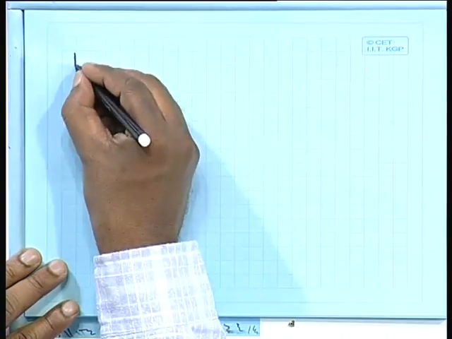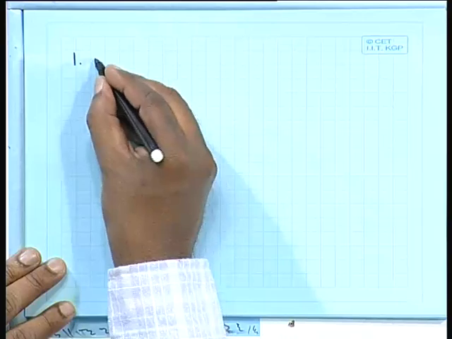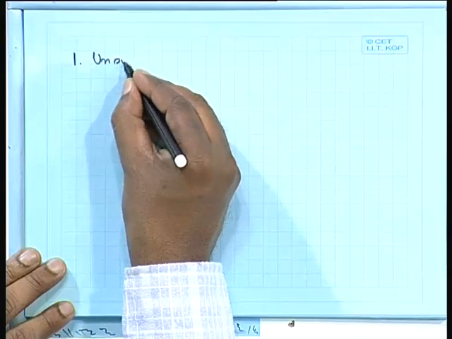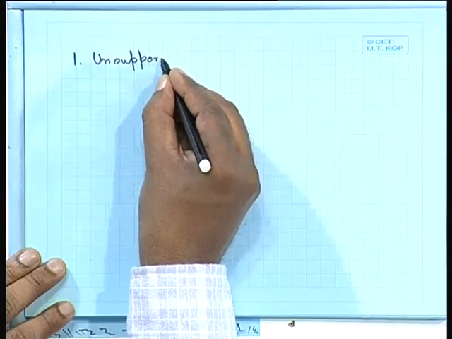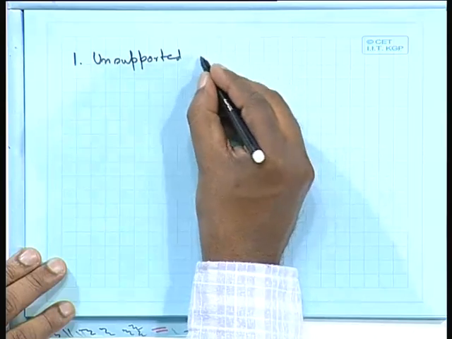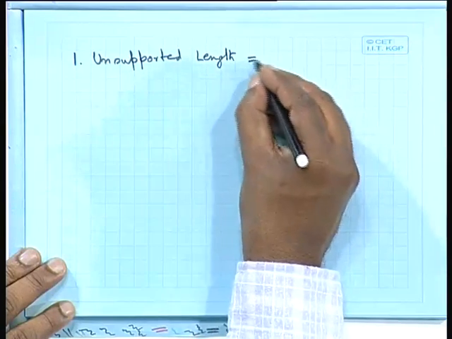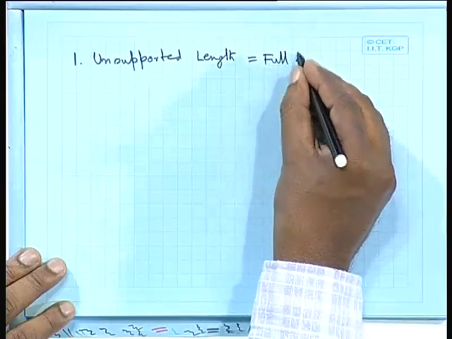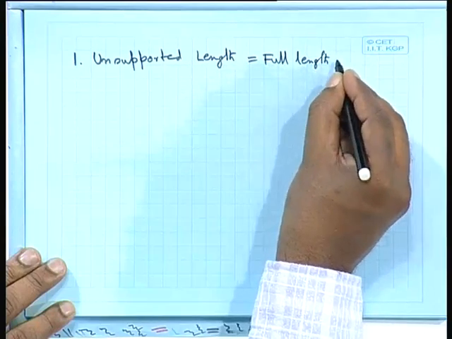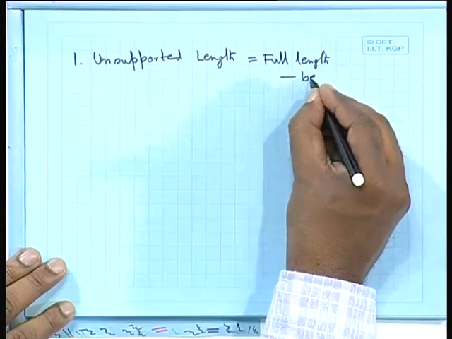First you find the unsupported length, that is equal to full length minus beam depth.